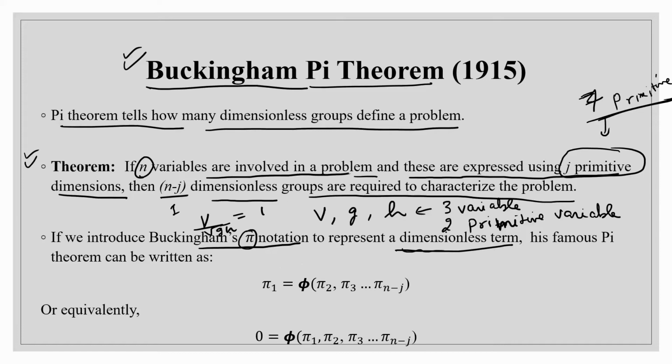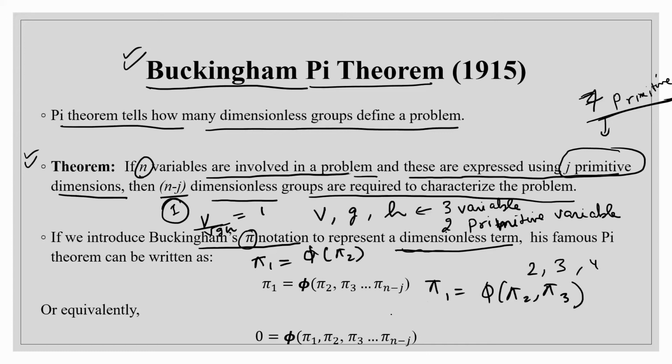It is a pi which is representing a dimensionless term. So this theorem says that if there are many dimensionless groups, suppose that in this equation we have only one, suppose that we have 2 or 3 or 4 dimensionless groups, then pi 1 will be equal to some function of pi 2, and if we have three dimensionless groups, then one dimensionless group can be written as a function of the others.